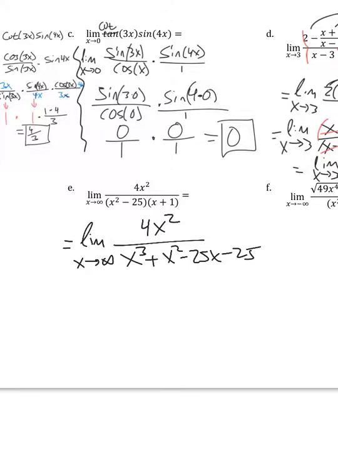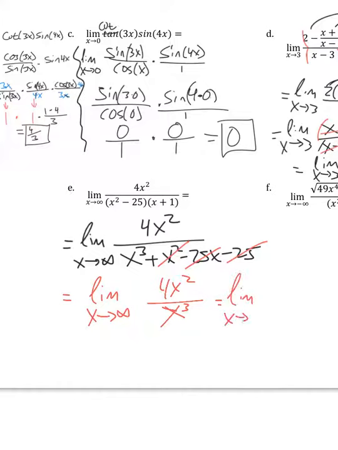All right. Now, multiplying that out, all that really matters now, because when we go to infinity, is these small terms don't matter like we've already talked about, okay? But we get limit as x goes to infinity of 4x squared over x cubed, that simplifies to the limit as x goes to infinity of 4 over x.